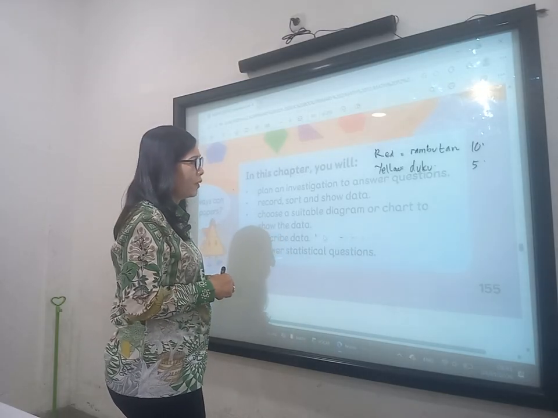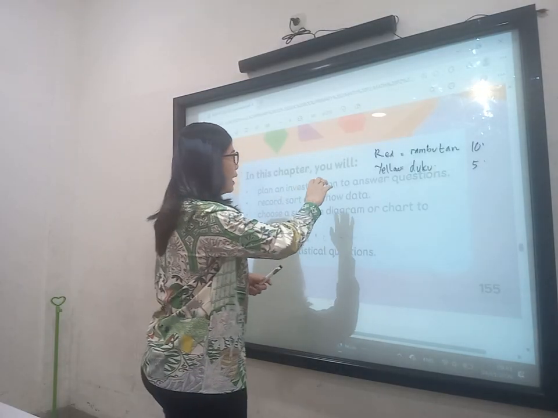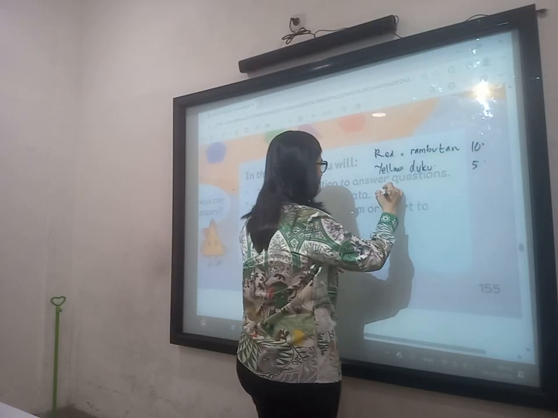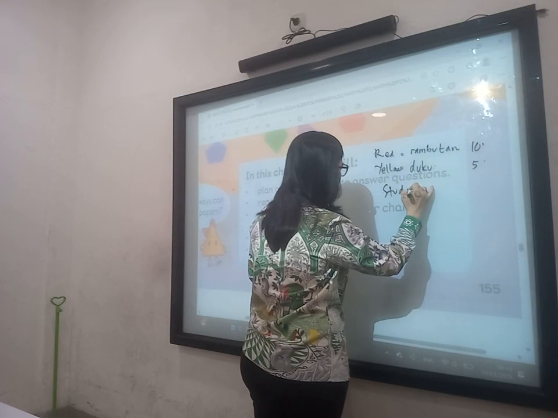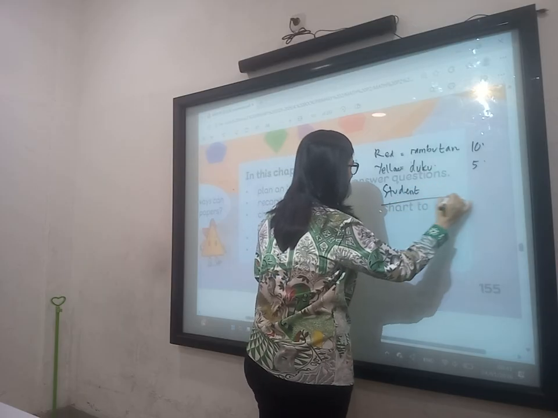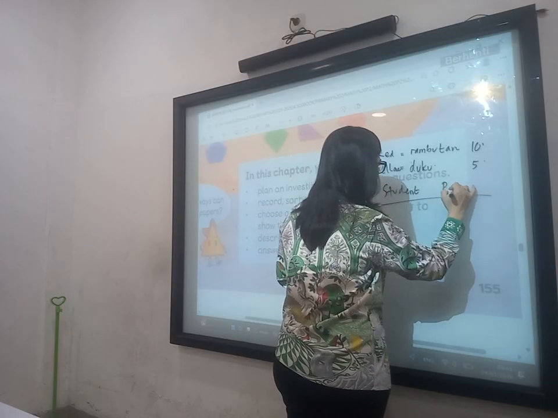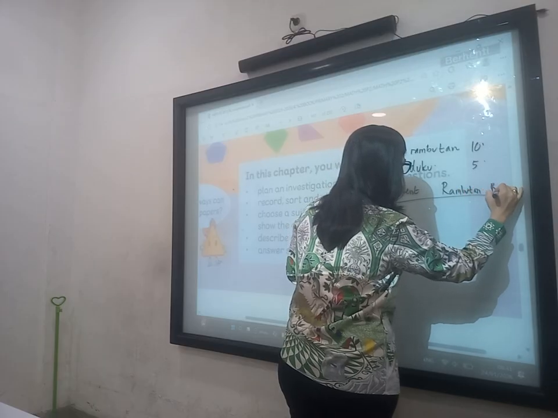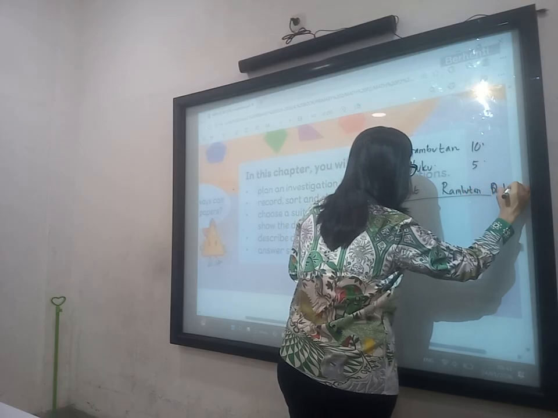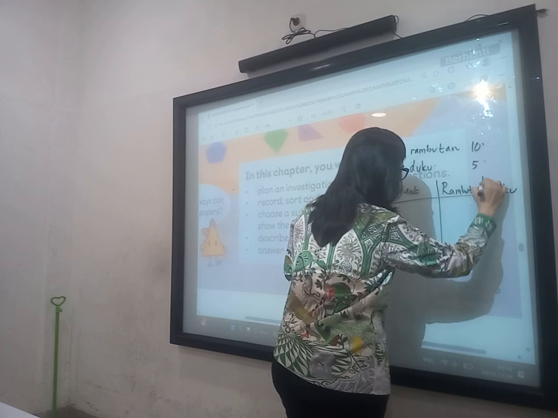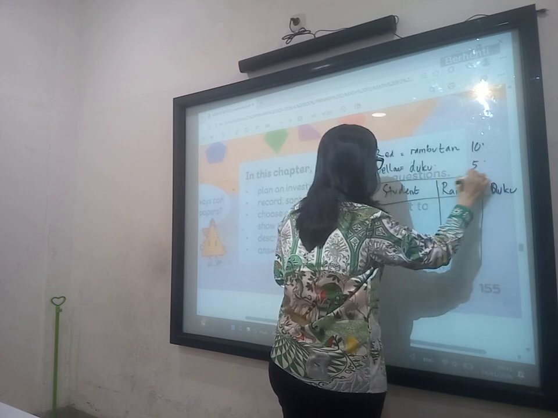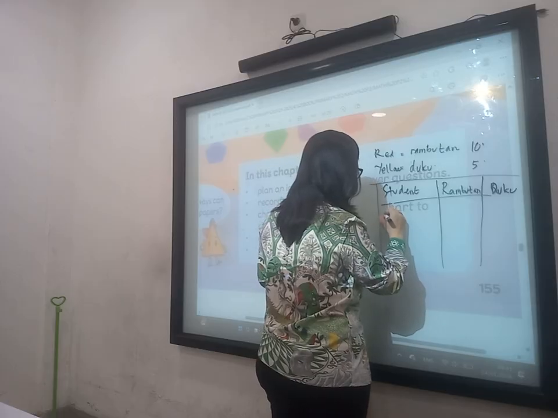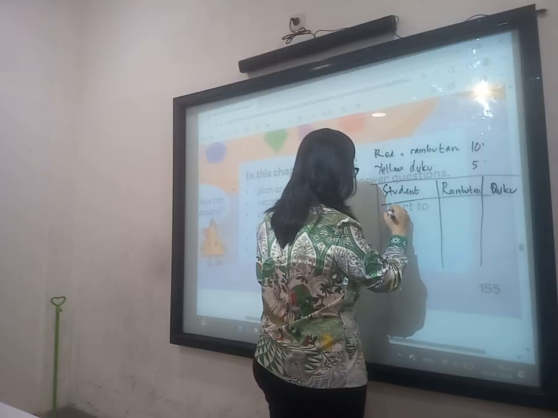In the diagram, for example, total students and how many, how many like rambutan, how many like other fruits.